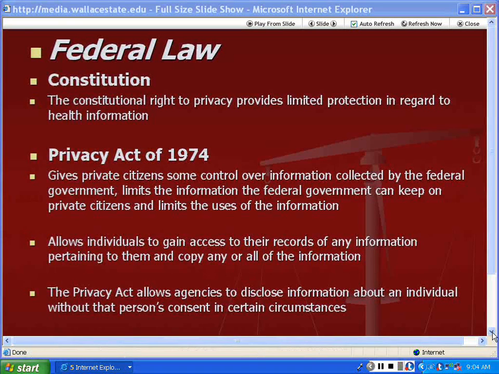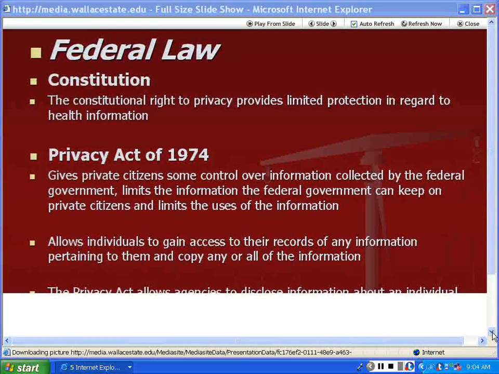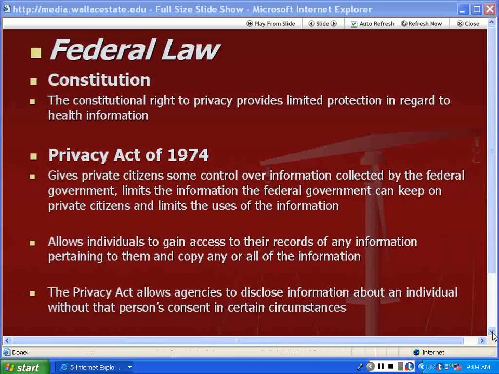And so, normally the Privacy Act doesn't affect us in the healthcare field, but I've had it several times. We're going to talk about the Freedom of Information Act too, but I've had individuals come in to me in health information saying that under the Privacy Act or the Freedom of Information Act that they had a right to access their health information.